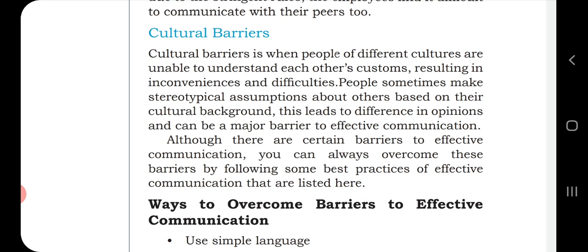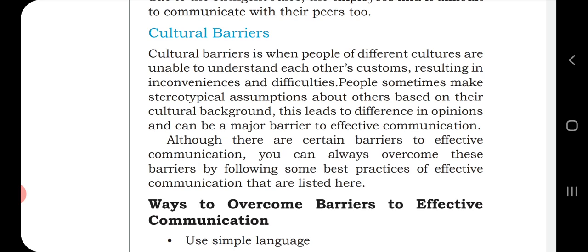That is stereotypical assumptions about others. So people sometimes make stereotypical assumptions about others based on their cultural background. They come from a typical cultural background, and they think in the same way about others, which leads to many problems. And that can be a major barrier to effective communication.